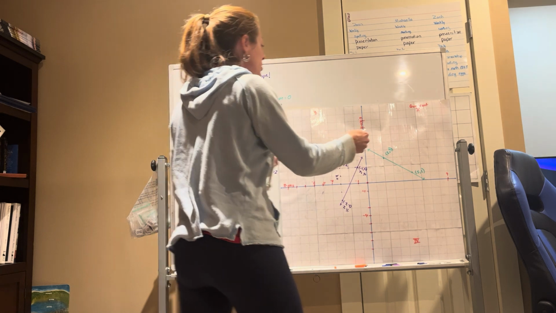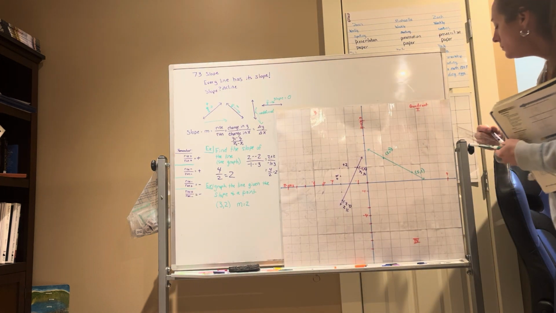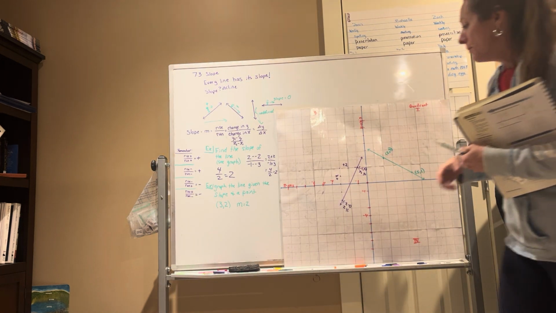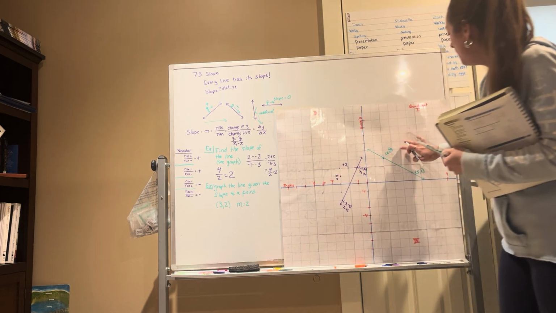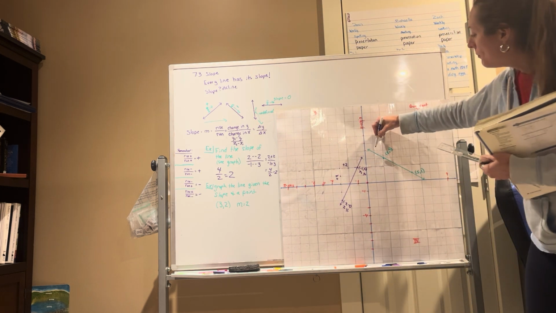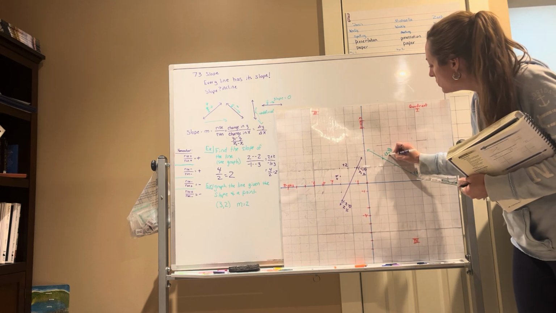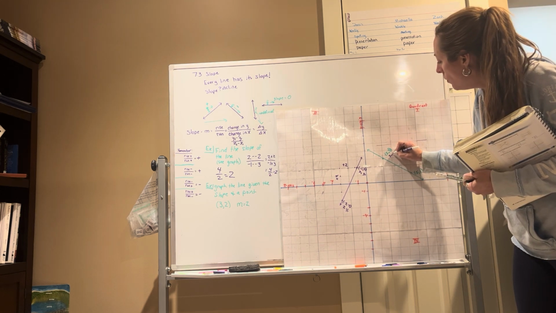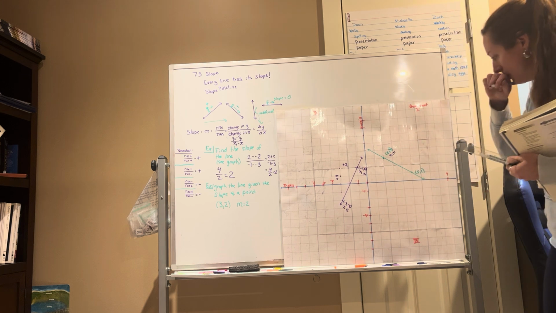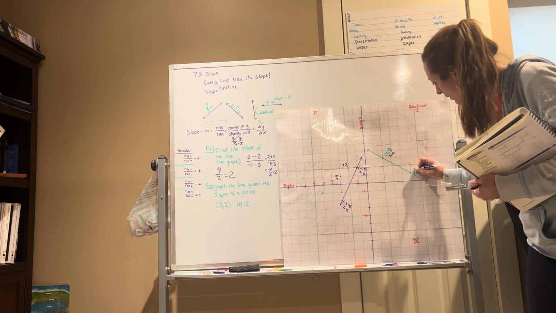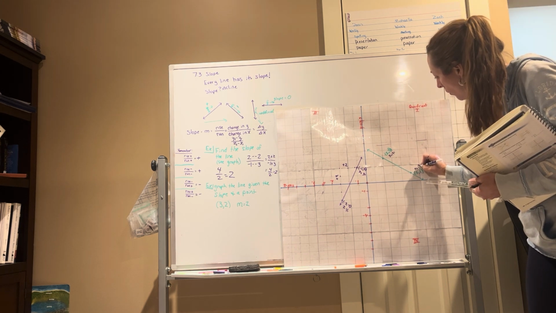All right, now let's look at this green one. I'll do it up here. Remember, we're always going forward. So this would be x1, y1. This would be x2, y2.